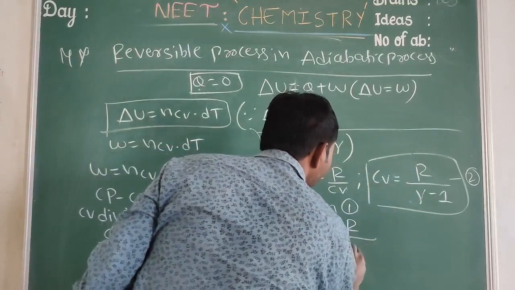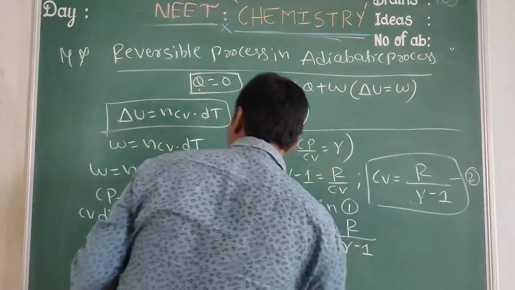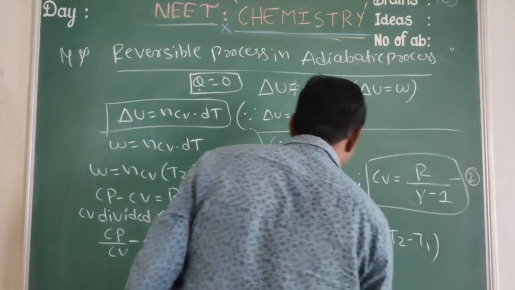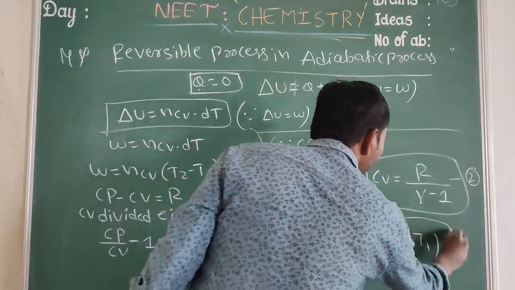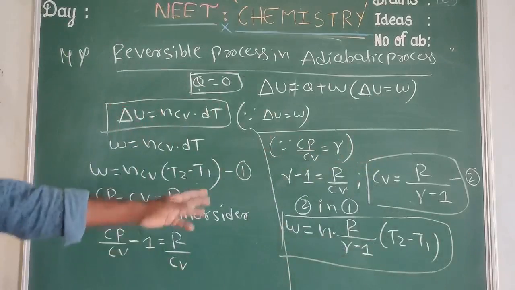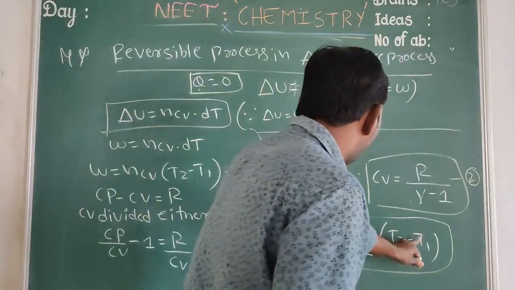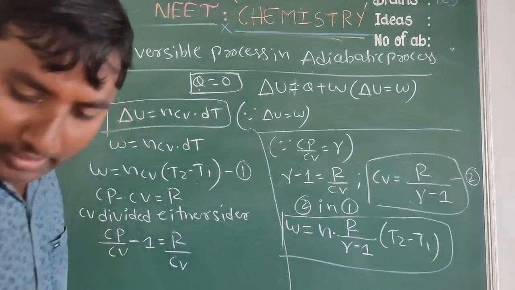So W equal to n into R by gamma minus 1 into T2 minus T1. This is the work for the reversible adiabatic process.